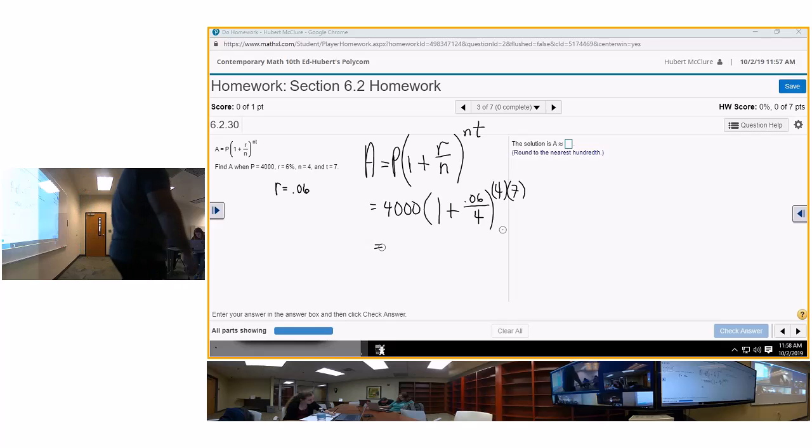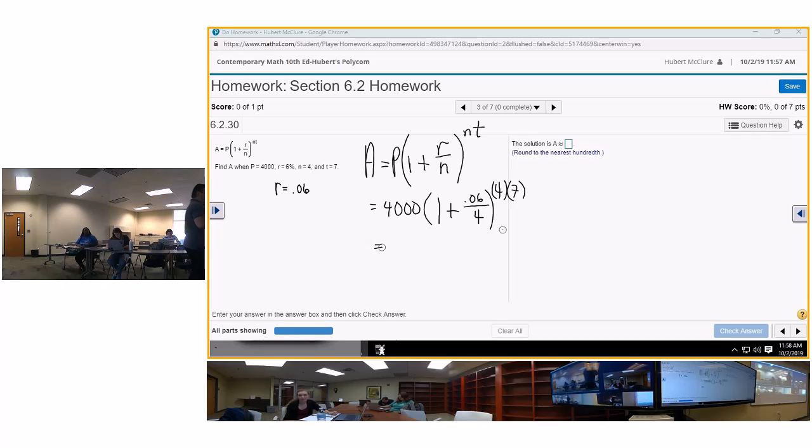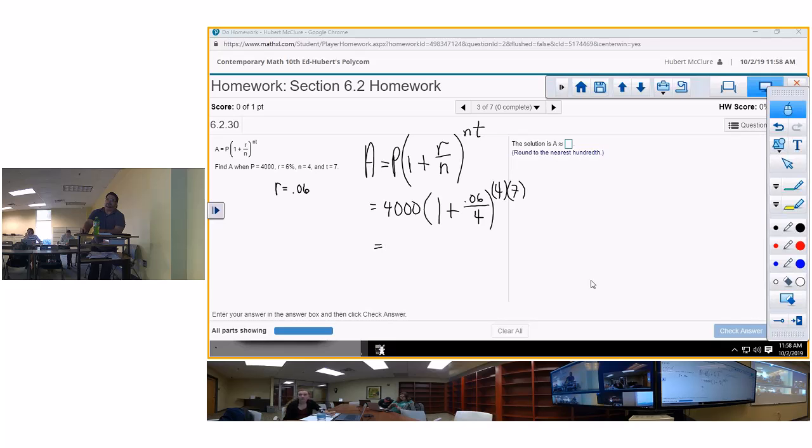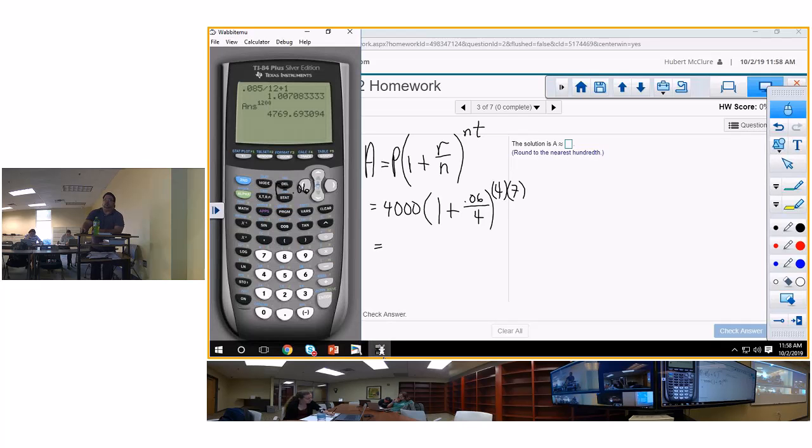So that's where we go to the handy dandy calculator. And we pull it up. It's hard to do with a mouse, just give me time. And we get clear.